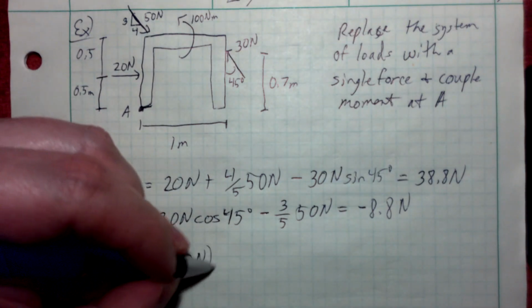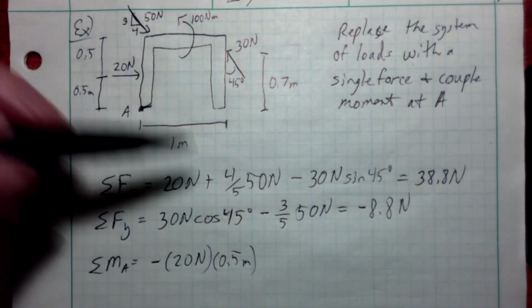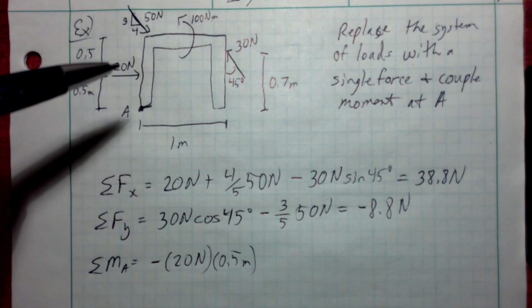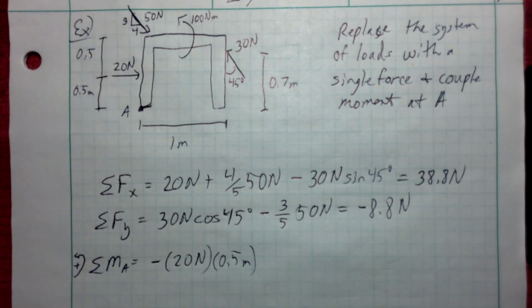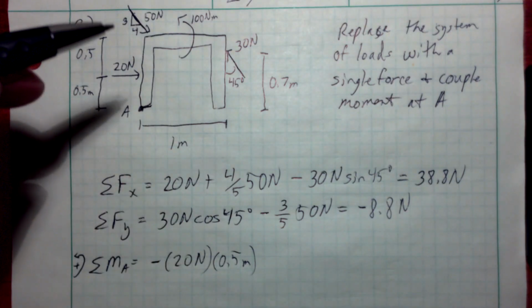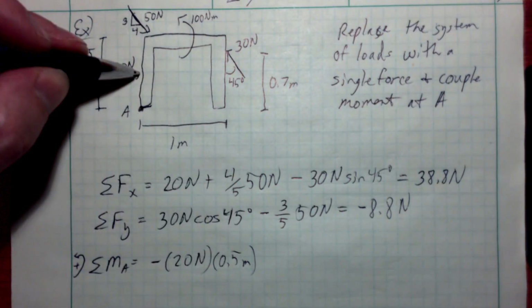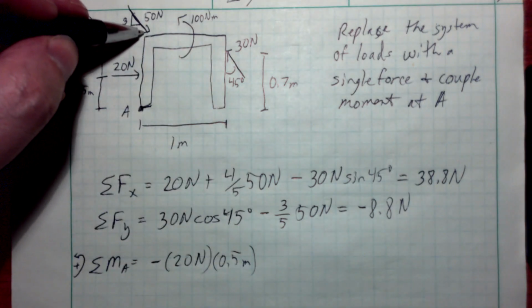It doesn't necessarily matter the sign or the direction of the force. Is it causing clockwise or counterclockwise? Because again, we're saying that counterclockwise is positive. So this is a clockwise moment, minus 20 newtons times the 0.5 meters from point A to the line of action for that force.